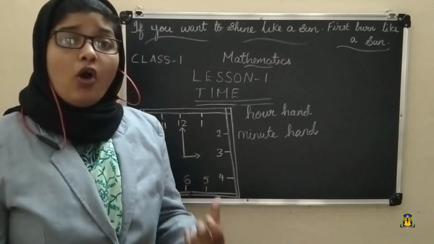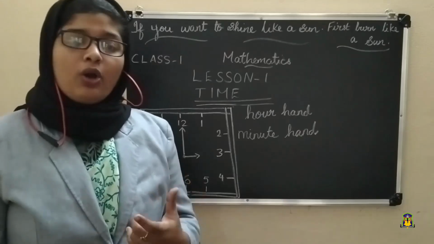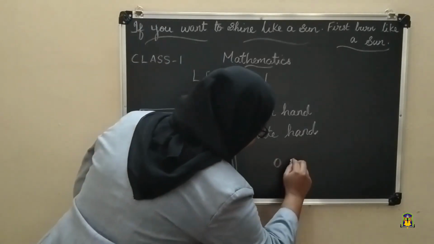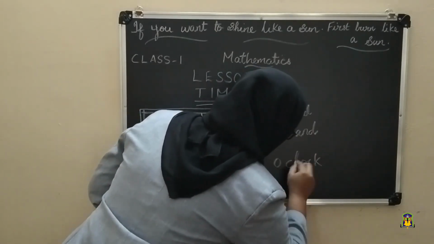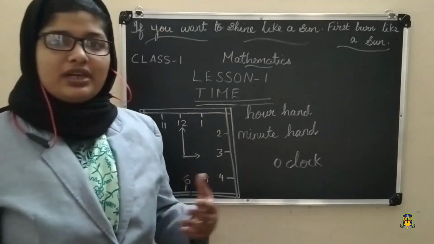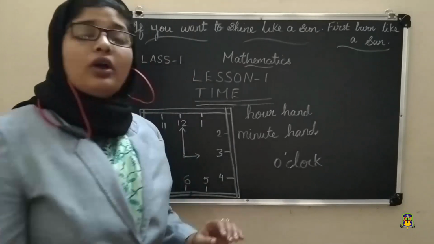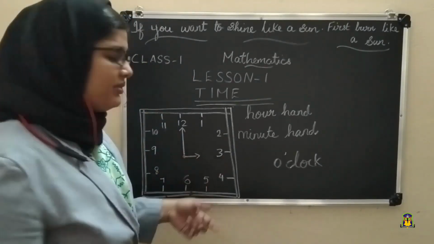We are saying the time in o'clock. So I will write that o'clock here. O'clock. We are writing the time in o'clock. Here an apostrophe is there. Okay, o'clock. So, which number is there? 3.